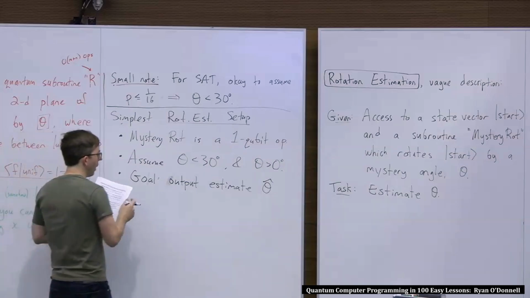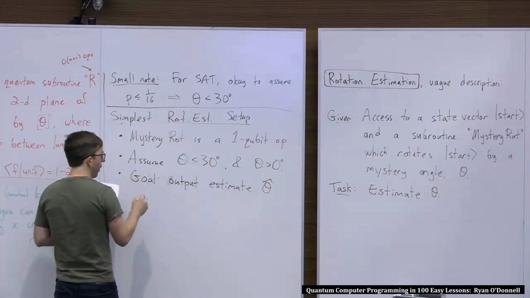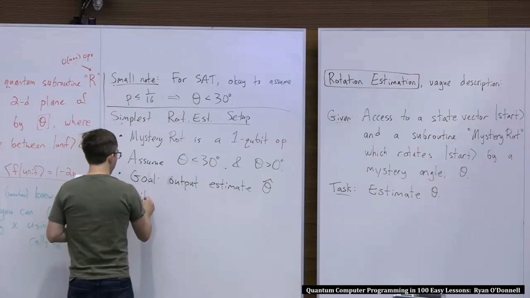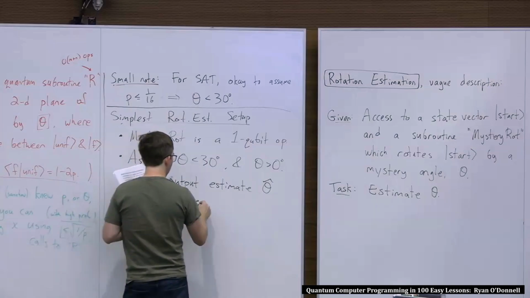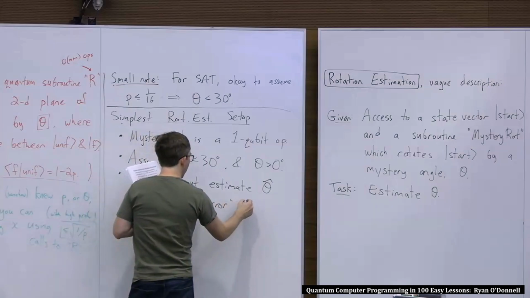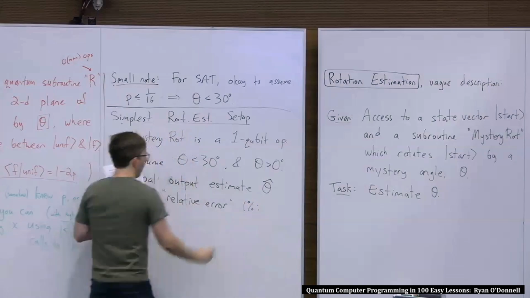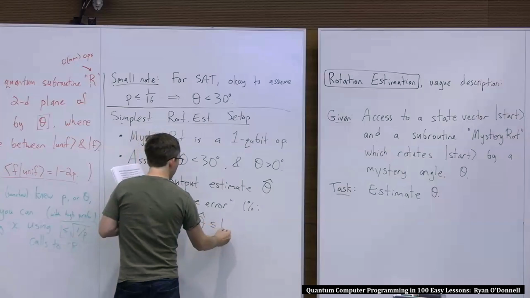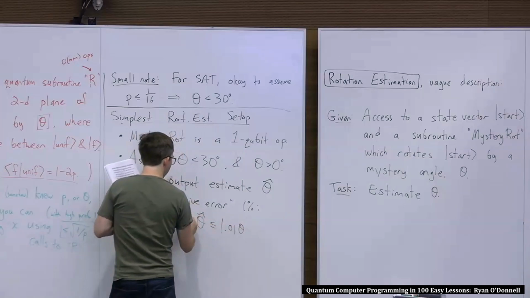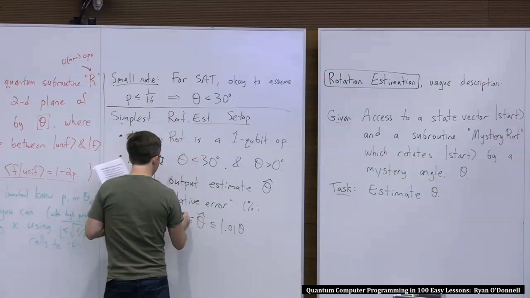Output an estimate theta hat with relative error 1%, by which I precisely mean that theta hat is between 0.99 theta and 1.01 theta.